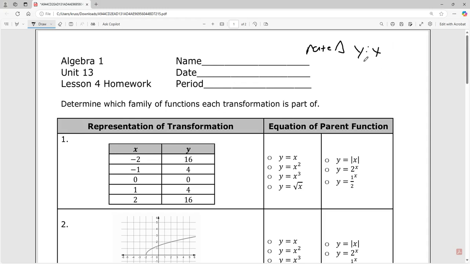If it's a linear equation, the slope, or is the rate of change consistent? If the rate of change is consistent, it's going to be linear. If the rate of change is a factor, like it multiplies something by some other number repeatedly, then that's going to be an exponential change. Okay, that's one thing you can look at.